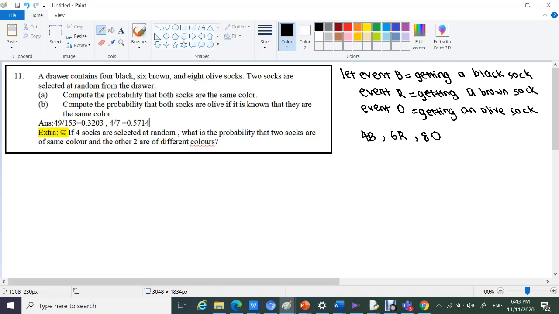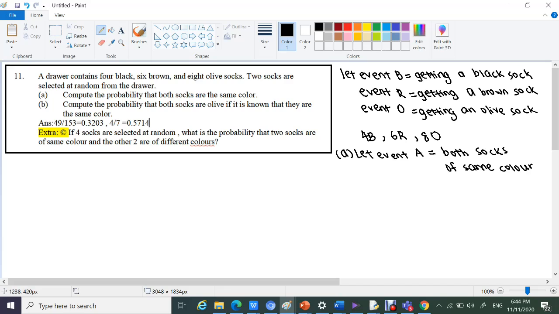If they have the same color, we let event A equal to both socks of the same color.